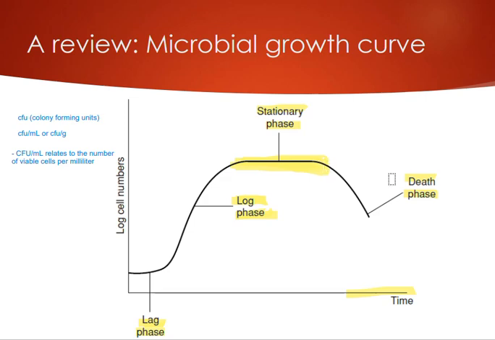That is why during this phase, the number of living cells, or the log cell numbers in CFU, will decrease exponentially, and the population growth will experience a sharp decline.